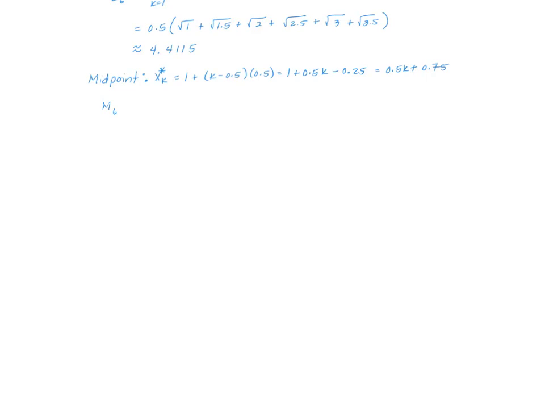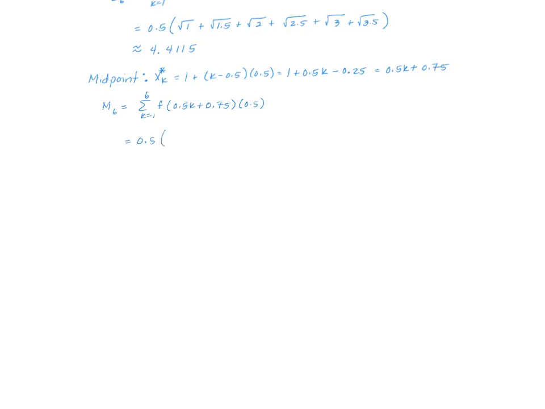So M sub 6 is going to be the sum from k is equal to 1 to 6 of f of 0.5k plus 0.75 times our delta x, which is 0.5. Again, I'm going to pull the delta x out in front.